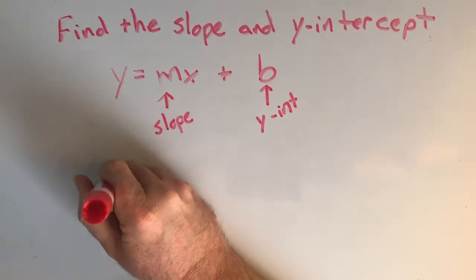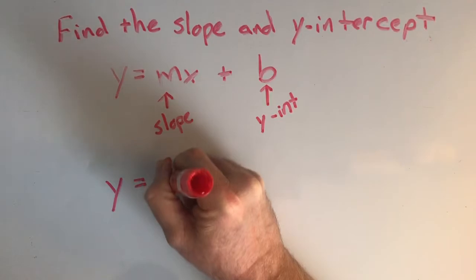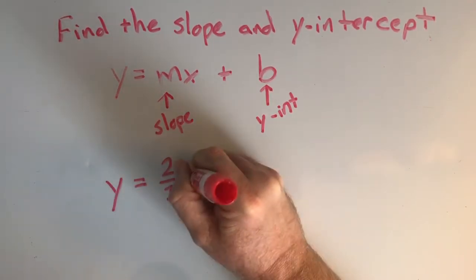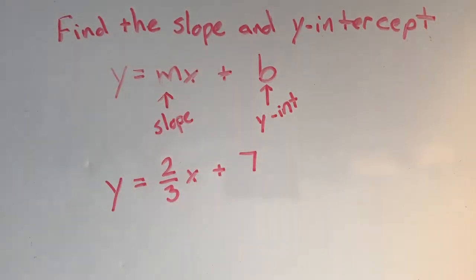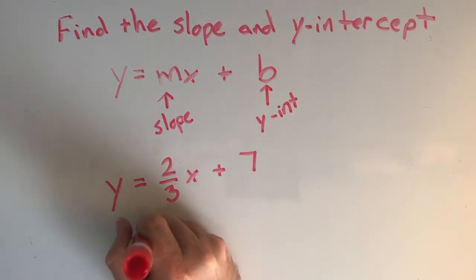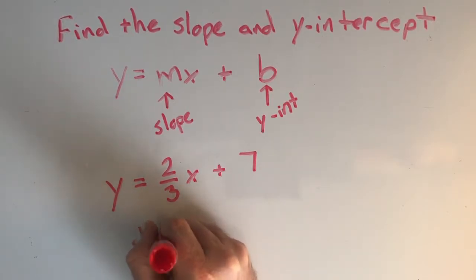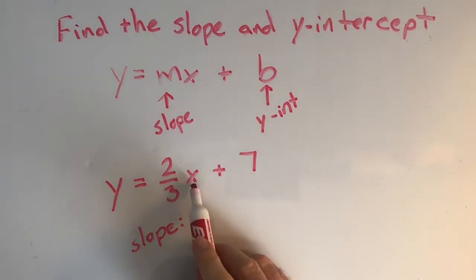And then I give you the example y equals 2/3 x plus 7. Okay? And I say, what is the slope and what is the y-intercept? You'll say that the slope is whatever is multiplied by x.